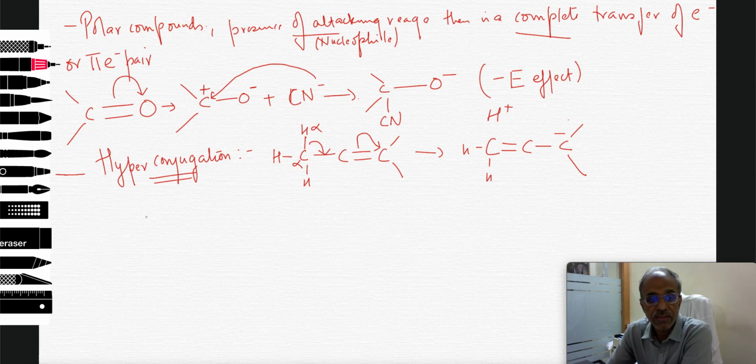So this is known as hyperconjugation. That means I can say there is a type of resonance undergoing. Again, this will come here and this will go here. So you can say this is a resonance type.